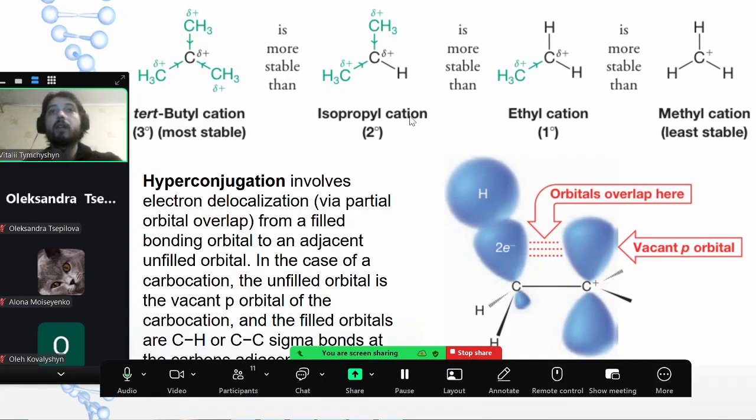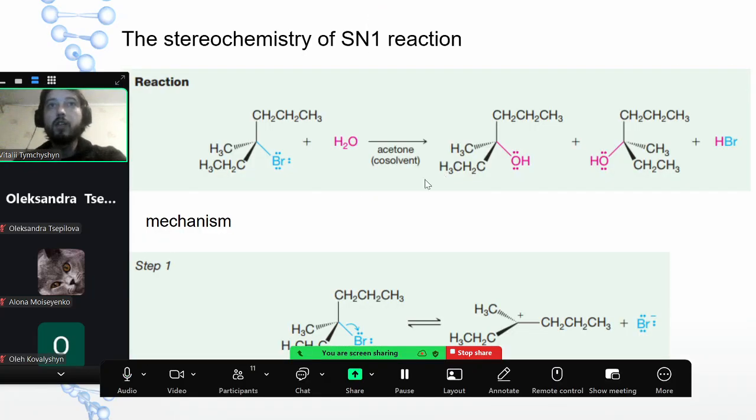It is more stable than isopropyl cation, where you have just two substituents, just two nearby carbon atoms; you see they all acquire some partial plus charge. That is more stable than if you have just one substituent and two carbon atoms acquire plus charge, and that is more stable than methyl cation, which is least stable. I guess you will have something for the homework to determine which structure is the better SN1 reactant, so that's the logic you should follow: count how many substituents you have.